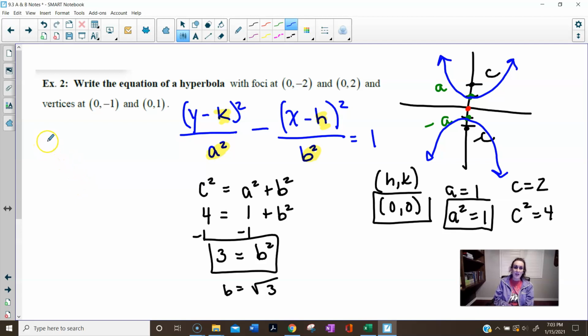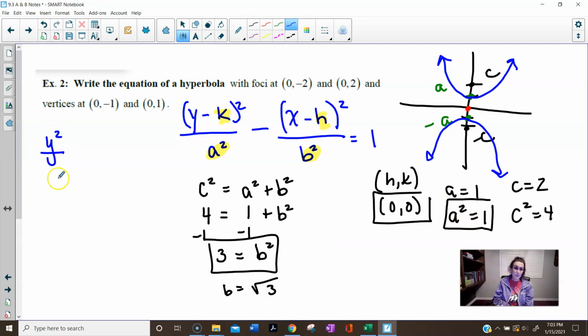Here I go. Start with the y. So it would be y subtract 0 squared. Now, y subtract 0 squared is the same thing as y squared. So let's just write it as y squared over a squared.